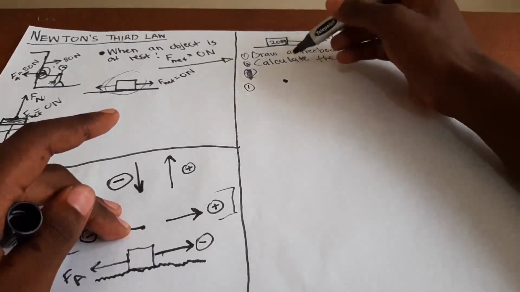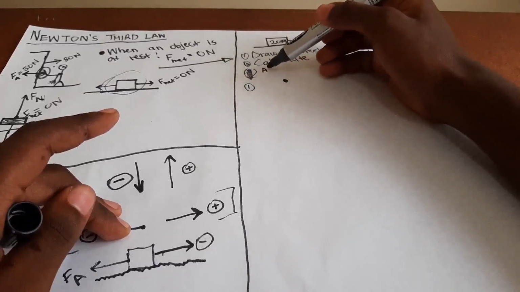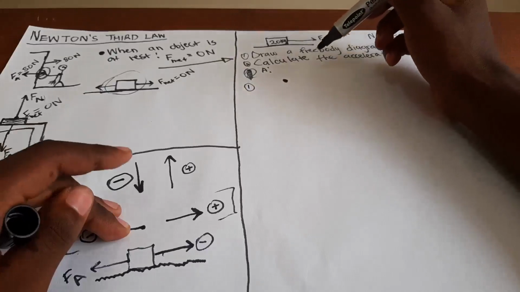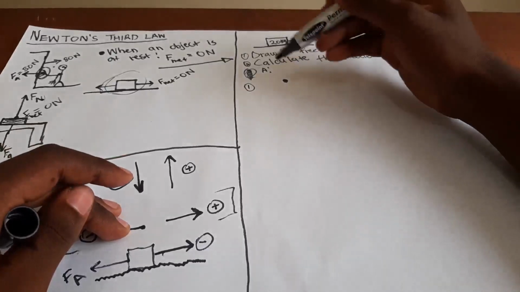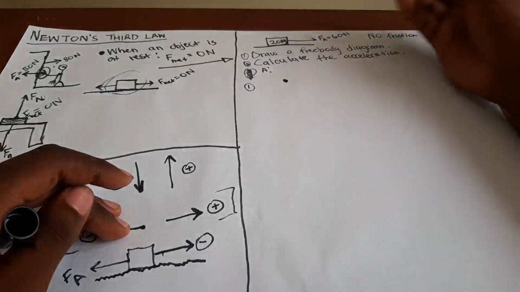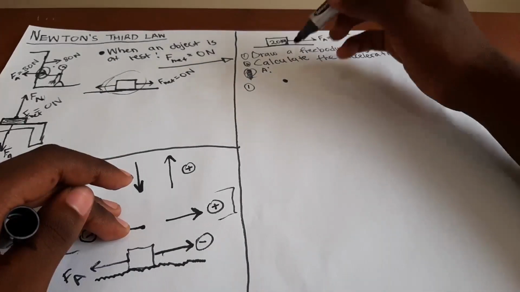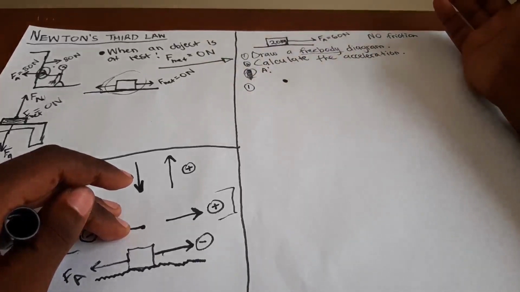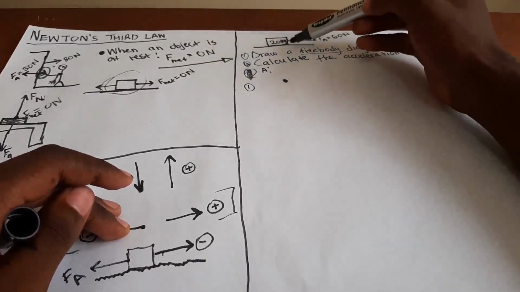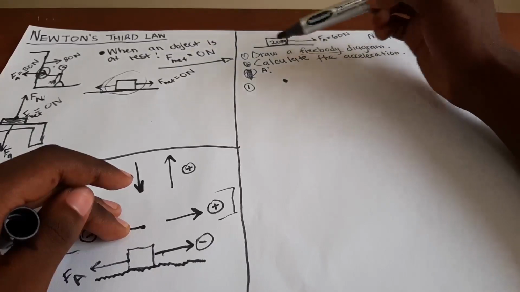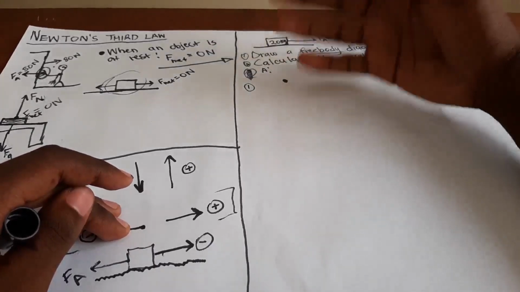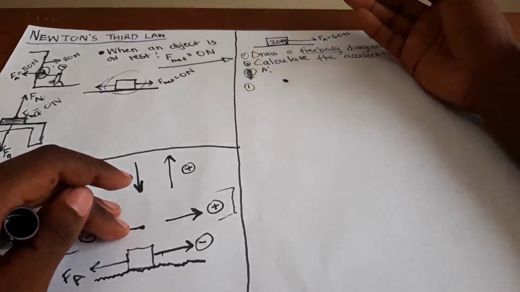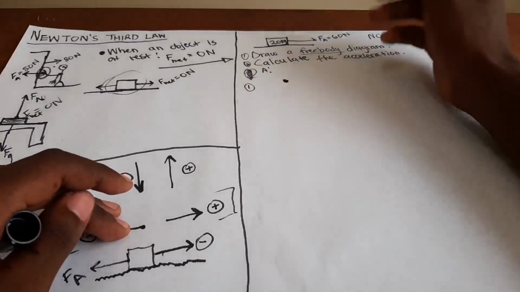To draw a free body diagram, you don't draw a box; you just use a dot. For a force diagram, you draw this 20 kg box and show all the forces acting on it, just like a free body diagram, but for a free body diagram you put a dot instead of drawing a box. I think I've nailed that.